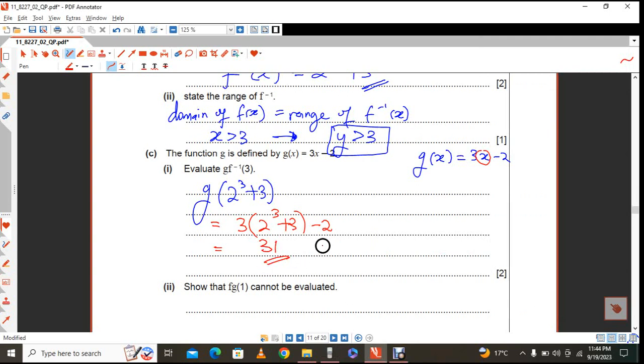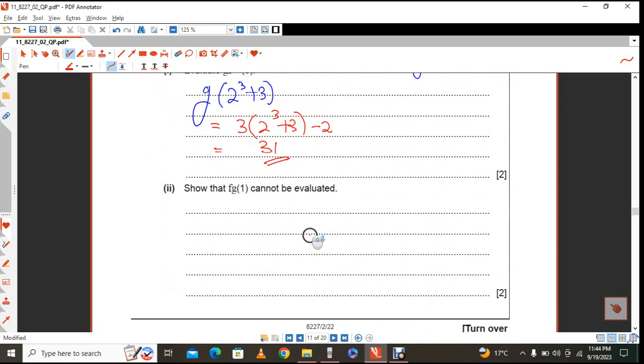Then they say show that f of g of 1 cannot be evaluated. So let's see what we have. Remember, we know that g of x is equal to 3x minus 2. Okay, and if you put 1 into that, you're going to get an output of g of 1.